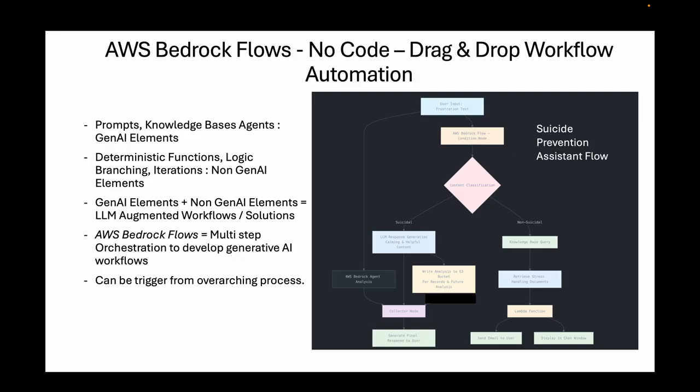So in one line, I would say AWS Bedrock Flows helps you to create a multi-step orchestration to develop generative AI workflows. And to take it one step further, you can now trigger these AWS Bedrock flows from your existing automations.